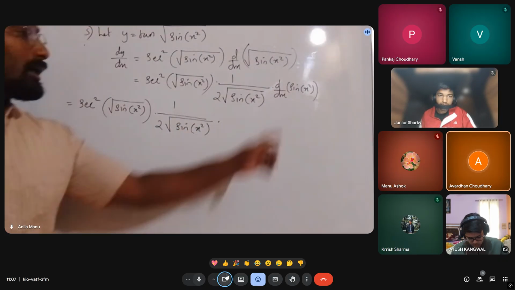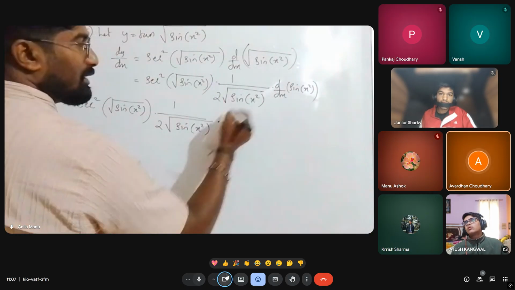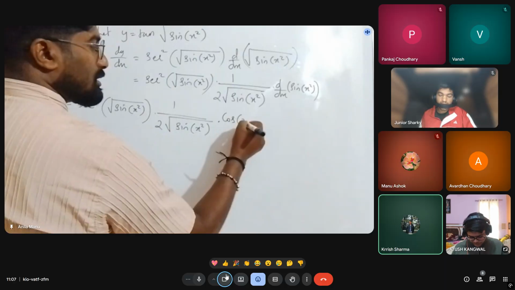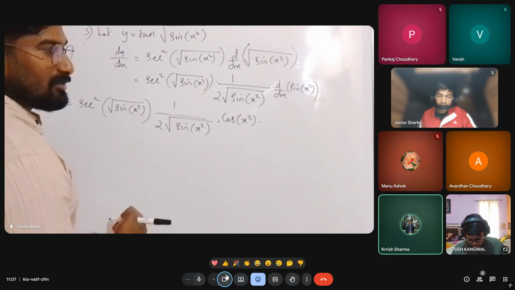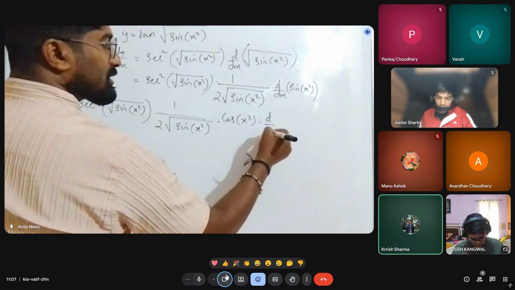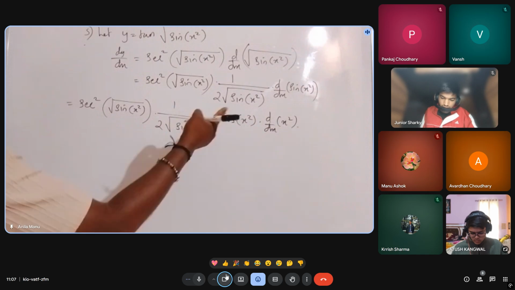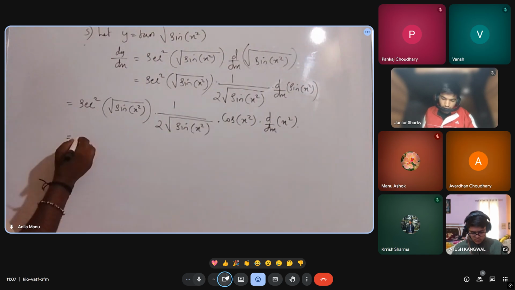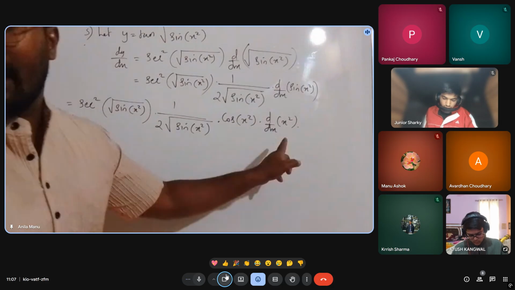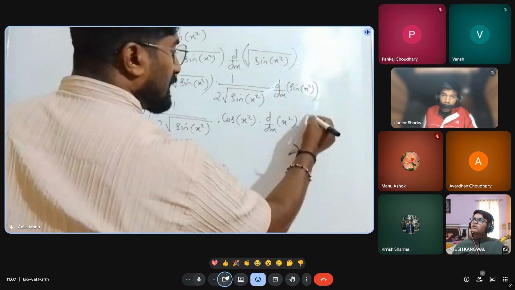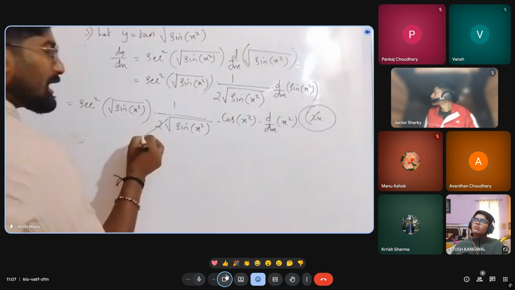What is the derivative of sine x? It is cos x. So cos x square. What is left over? x square, so d by dx of x square. The derivative of x square is 2x. So sec square, can I write directly here? The derivative of x square we will get 2x. Okay, so these two cancel.